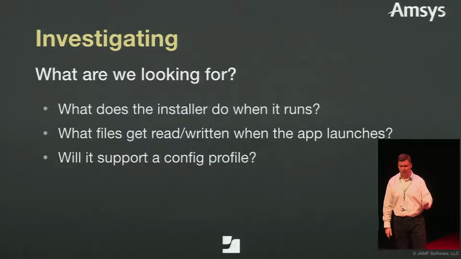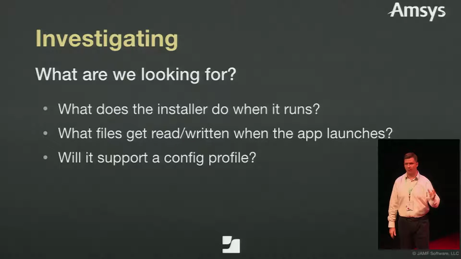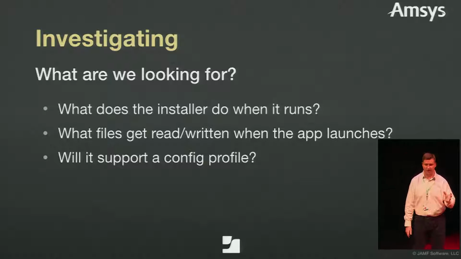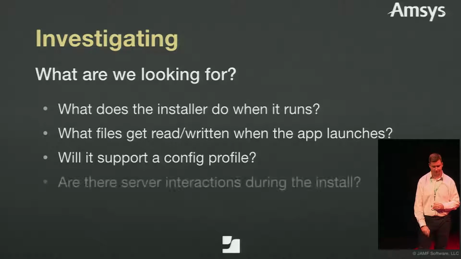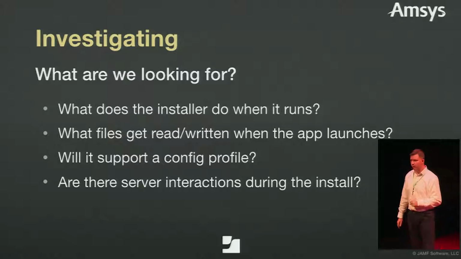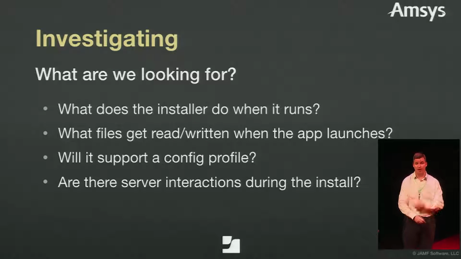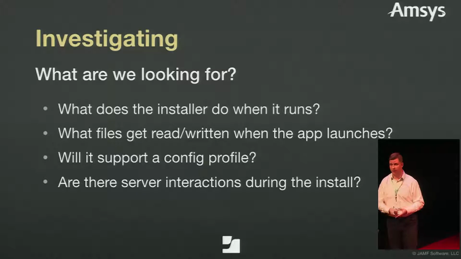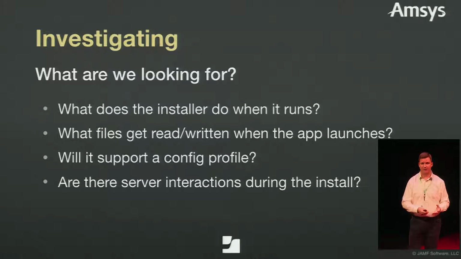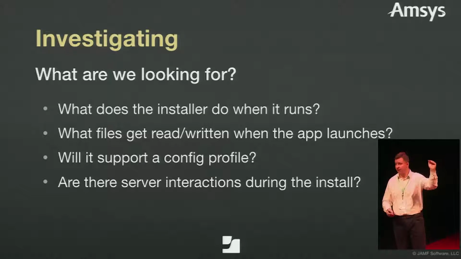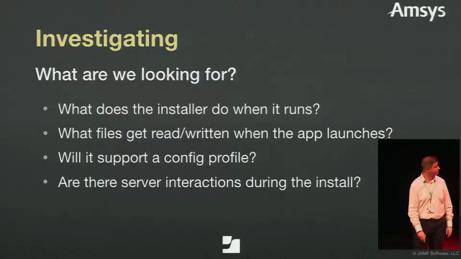We're always interested to know if it will support a config profile, because that will decide how we want to manage it. Our preference generally is config profiles if we can. And also, are there any server interactions during the install, or possibly when the app first launches? You get lots of apps now that want to activate. So you might deploy it, and then when it launches, it's hitting a proxy and then not going any further.